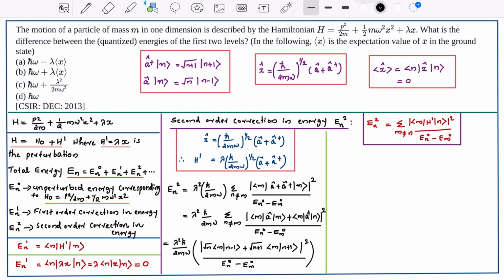Now, after simplification, you will get En2 as lambda square h bar by 2m omega into n by En0 minus En minus 1 0 plus n plus 1 divided by En0 minus En plus 1 0.